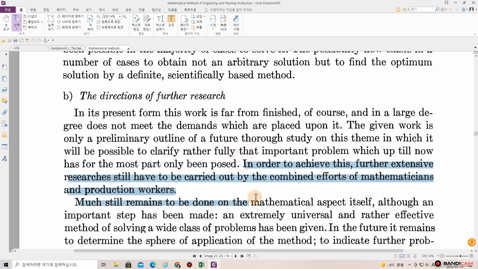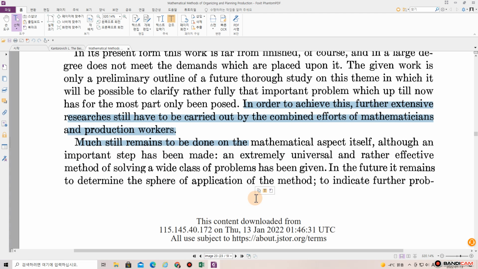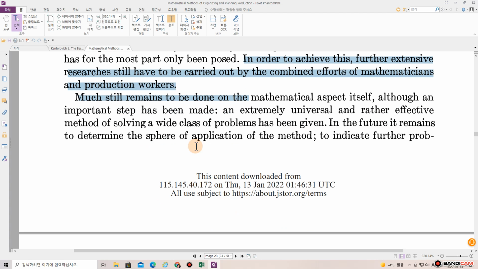In order to achieve this, further extensive researches still have to be carried out by the combined efforts of mathematicians and production workers. Much still remains to be done on the mathematical aspect itself, although an important step has been made. An extremely universal and rather effective method of solving a wide class of problems has been given.